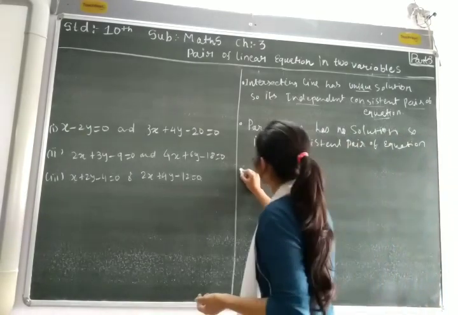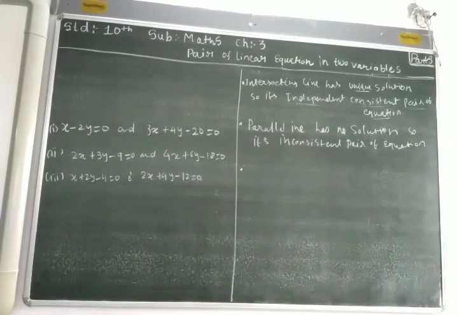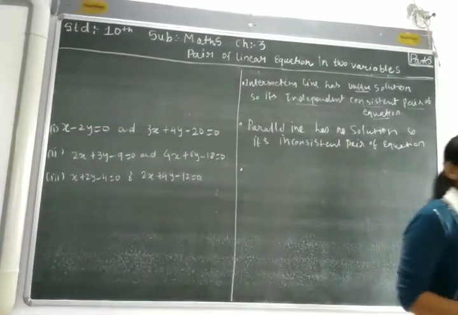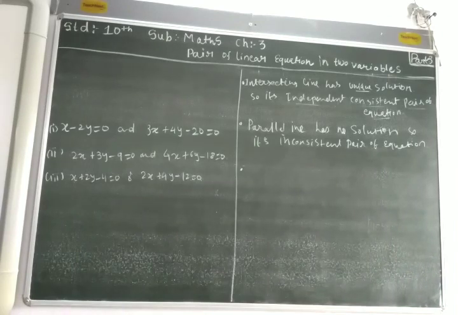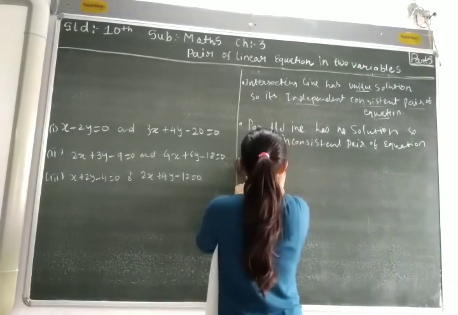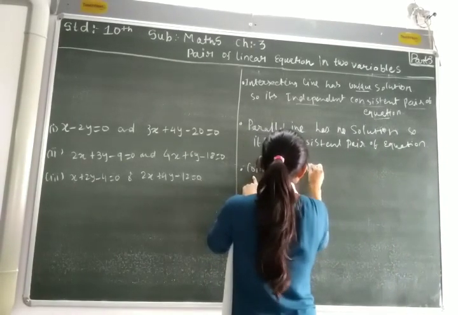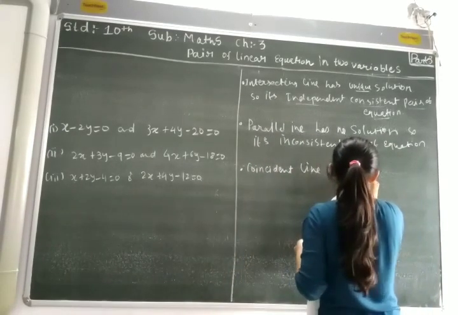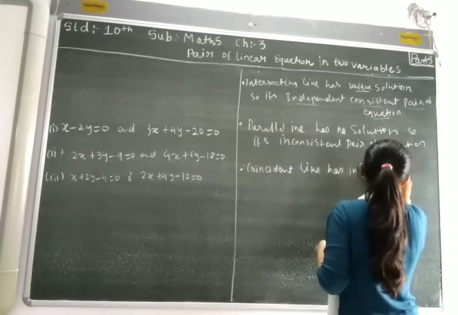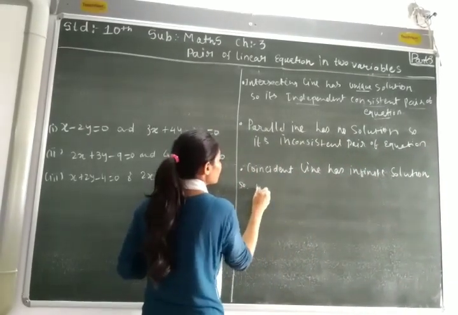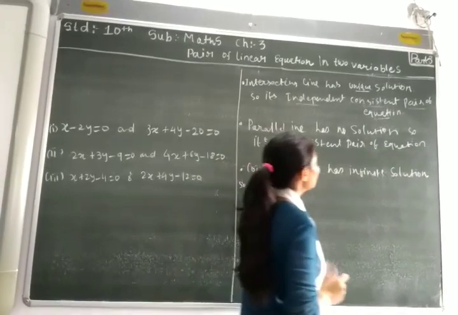Now the next thing we have seen is the coincident line. In a coincident line, two lines are overlapping. How many solutions does a coincident line have? Infinite solutions.